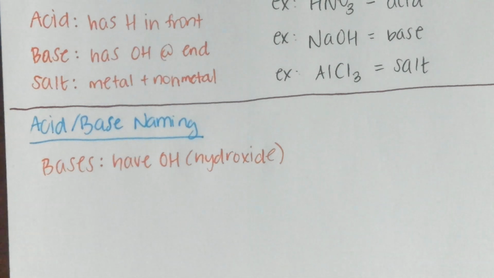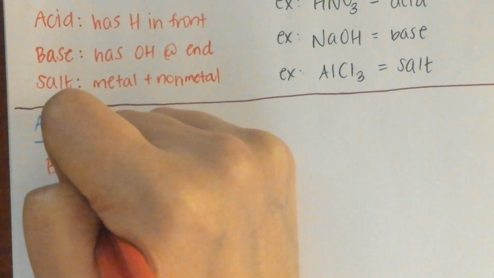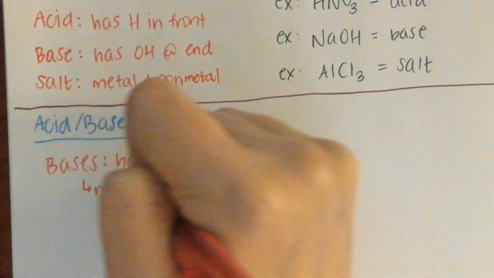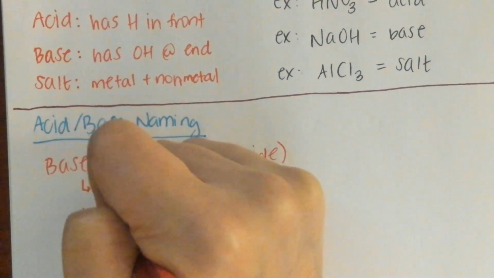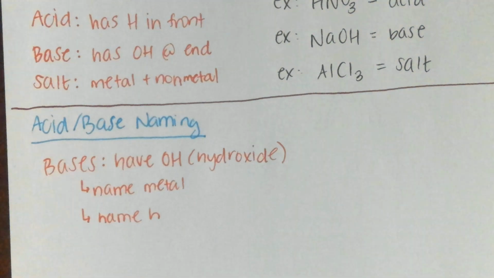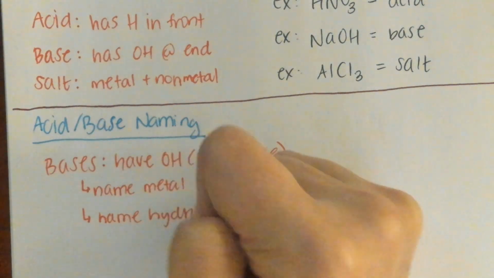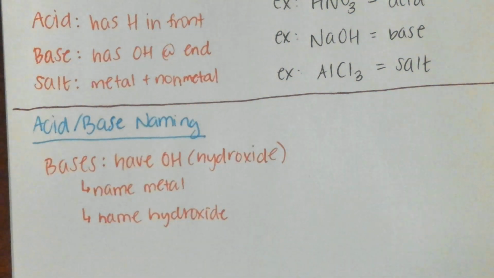If I see that on Thursday, that means you haven't been paying attention in class. So when you name bases, you just name your metal, and then you name hydroxide. Literally the name hydroxide.